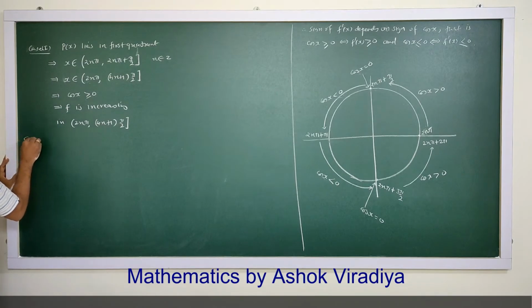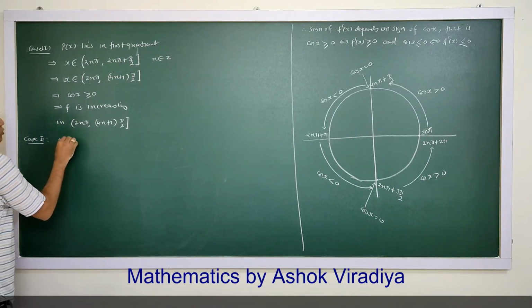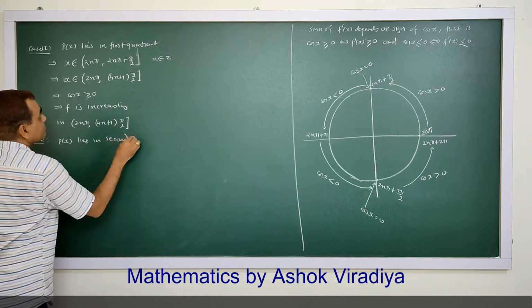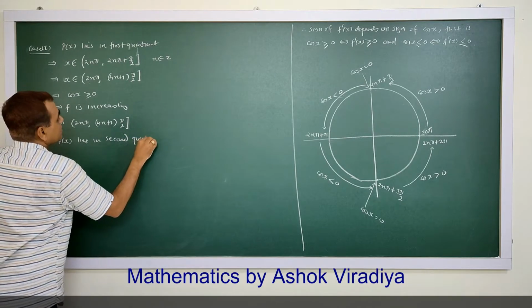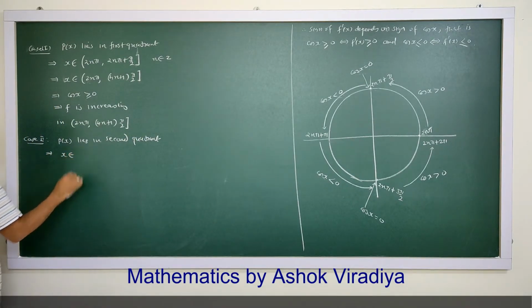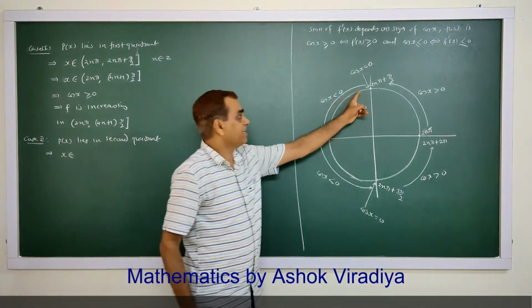Now case 2. If the point corresponding to x lies in the second quadrant, then x belongs to, this is the second quadrant.